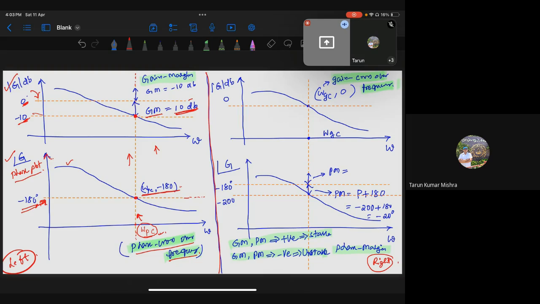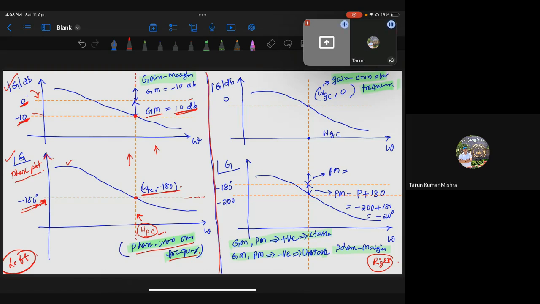Here, is the 10 dB point below the 0 dB line or above it? If it is below, it will be a 10 dB gain margin. If it is above, it will be minus 10 dB. Is this point clear? Any queries?